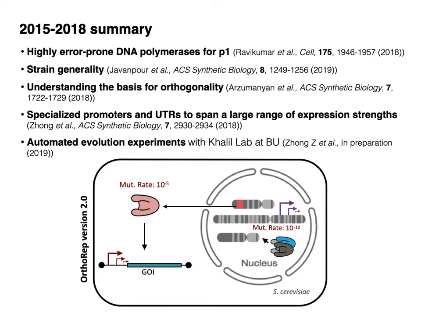In these years, we also really fleshed out the molecular biology and genetics of OrthoRep, with efforts showing that it was general across yeast strains, understanding the basis for orthogonality, and controlling the strength of expression of genes encoded on the orthogonal plasmid, among other things.